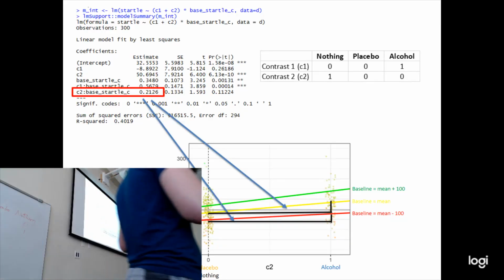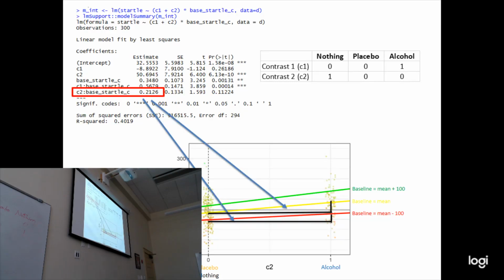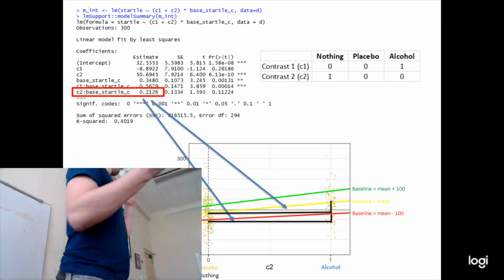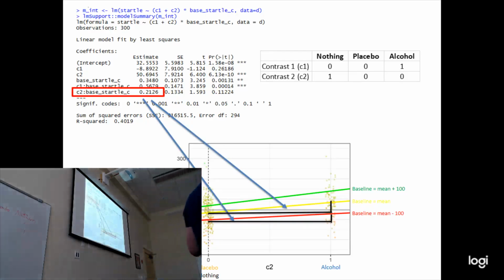So just to emphasize again, even though you can think about these terms as representing mean differences, these are exactly the same concepts that we've always applied to interactions. There's really no difference. That's a nice feature of the general linear model.